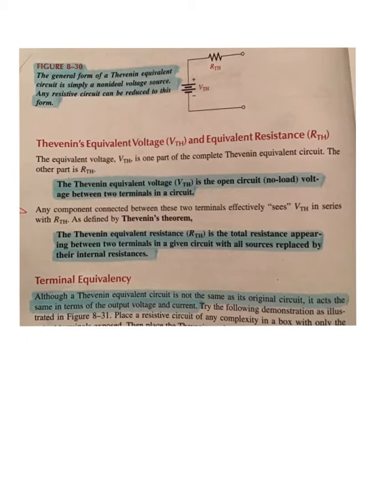You have to literally remove the load resistor in the Thevenin voltage step and go find what voltage floats to the gap when you disconnect this part. That will be the battery that the resistor is seeing in the Thevenin circuit.